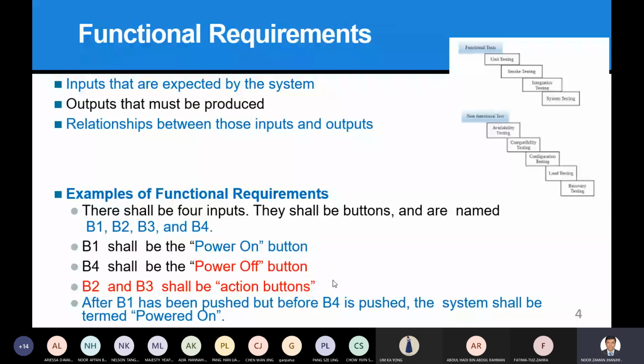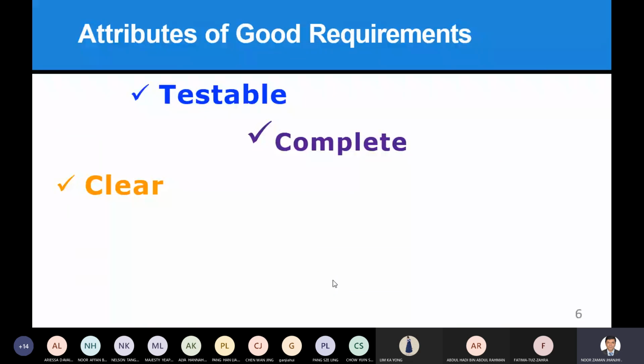Now we are looking at the attributes of a good requirement. When we are collecting requirements, how can we say that these requirements are really good and these are not really good? Based on what? This is the most important point to understand and consider.